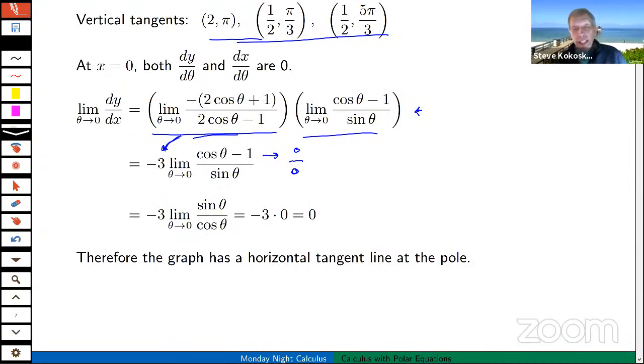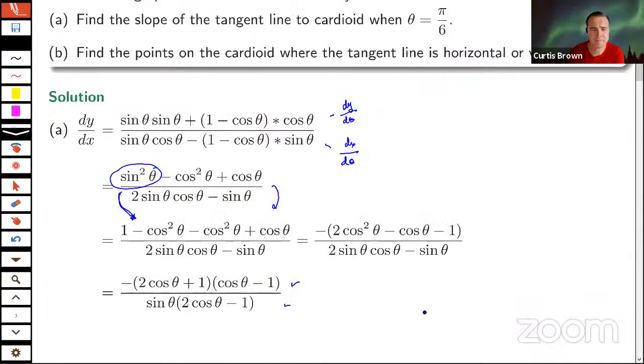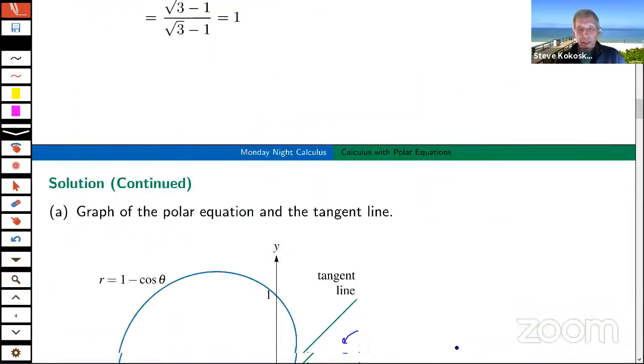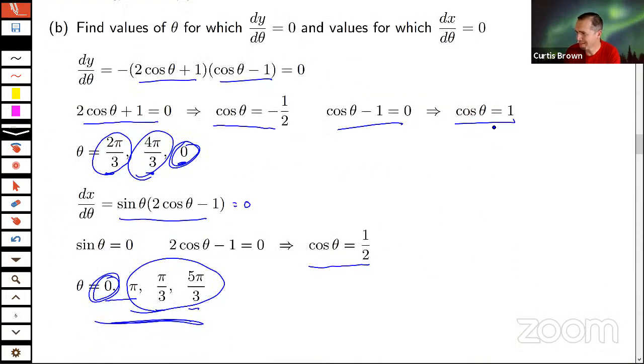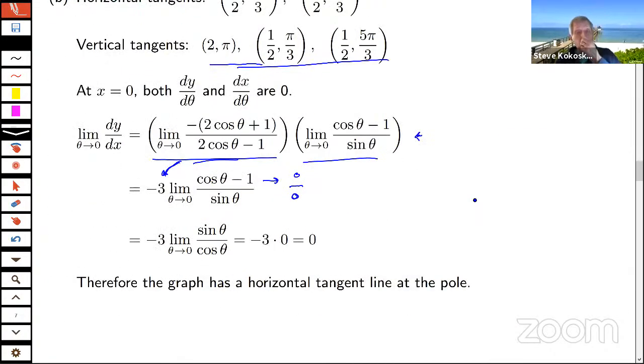Now you'll notice I didn't write an equal sign in there, okay? Sorry about that, Curtis. You notice that I didn't write an equal sign, and that's one of the things we'll talk about on our last Monday Night Calculus, some tips for the exam. Remember that if you see a limit expression that is 0/0, you don't want to equate that to 0/0.